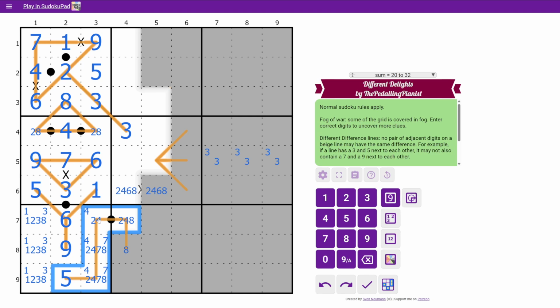If it was 4, however, say if this was a 4, 8, the 8 would go over there. Well, no, it could go here.